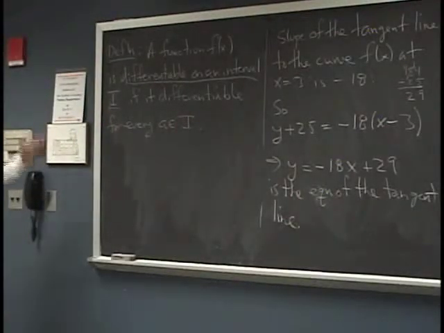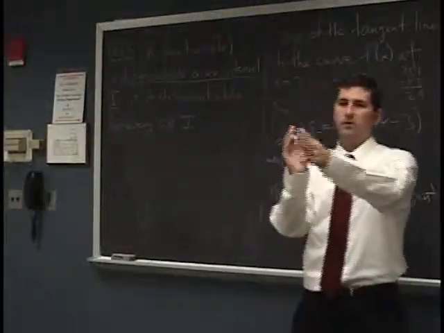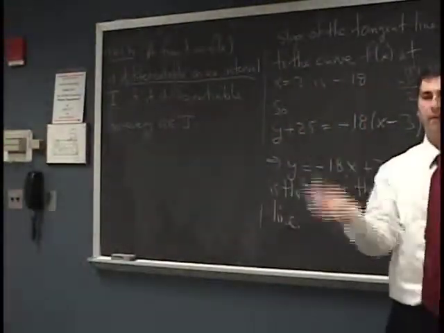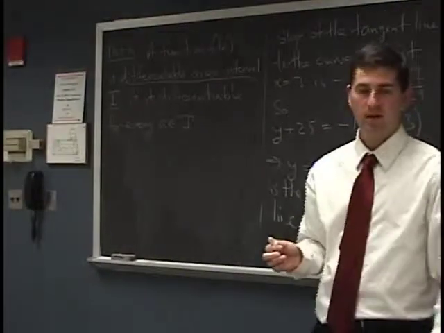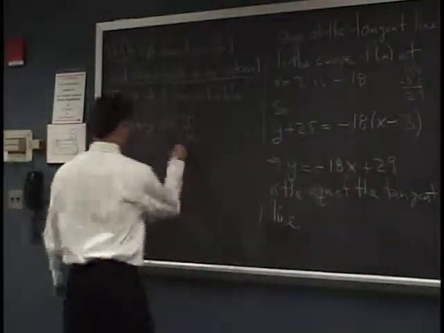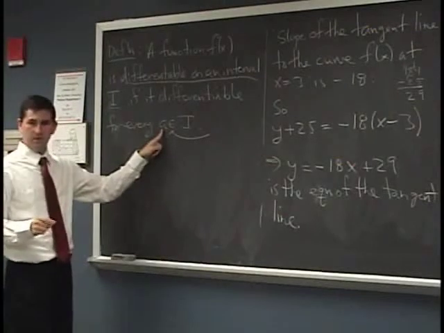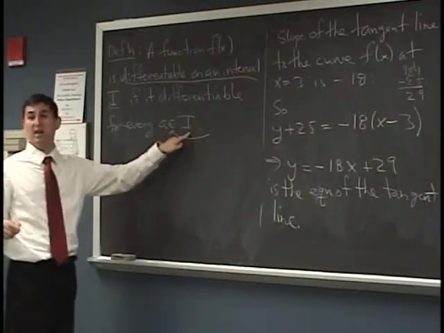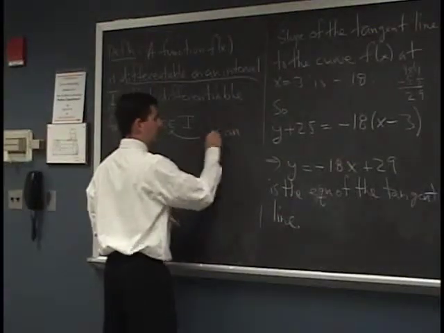If I know my function is differentiable here, here, here, everywhere on an interval, then I'm going to say it's differentiable on the interval, not just at a point. Random question: what exactly does that symbol between the a and the I mean? On the left is always an element, on the right is always a set, and this means is an element of.